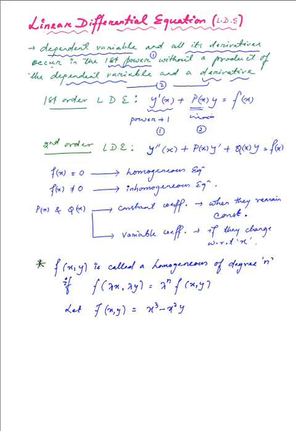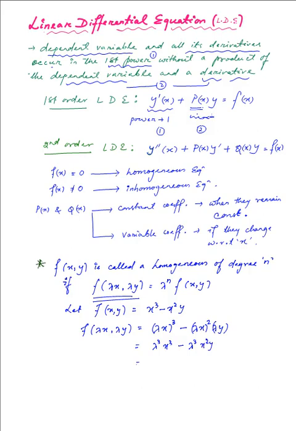Then, as per the rule we have just discussed, we put f of lambda x, lambda y, which will be equal to (lambda x) cubed minus (lambda x) squared multiplied by lambda y. Then we have lambda cubed x cubed minus lambda squared, and the lambda from the y also gives lambda cubed times x squared y.